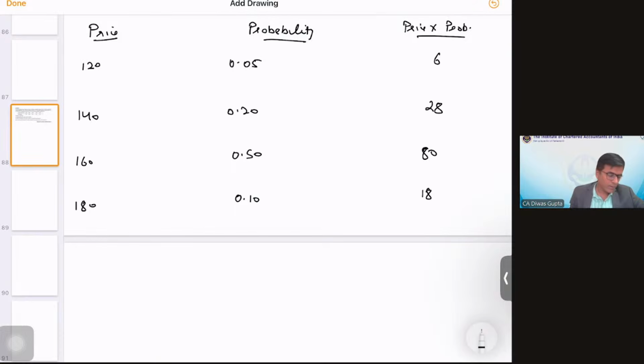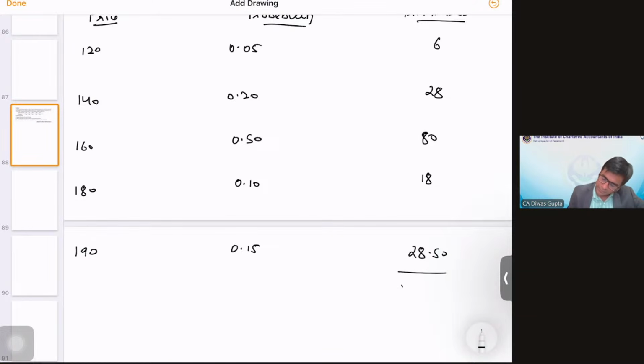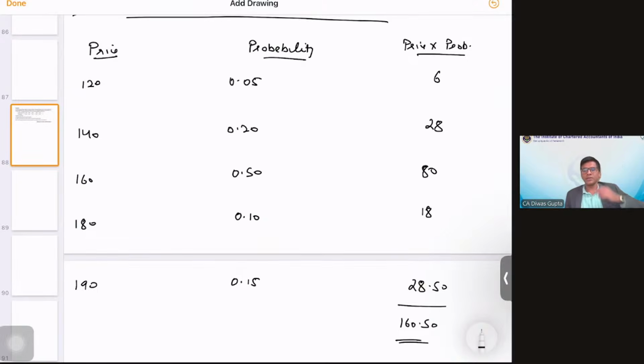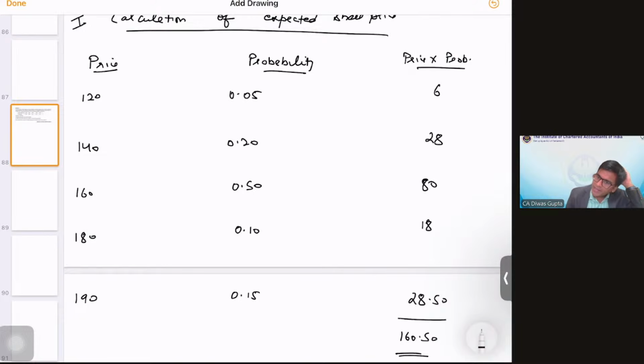It's going to be 18. 190, 0.15, 28.50. The total is 160.50. So this is the price multiplied by the respective probabilities to arrive at the overall expected share price.